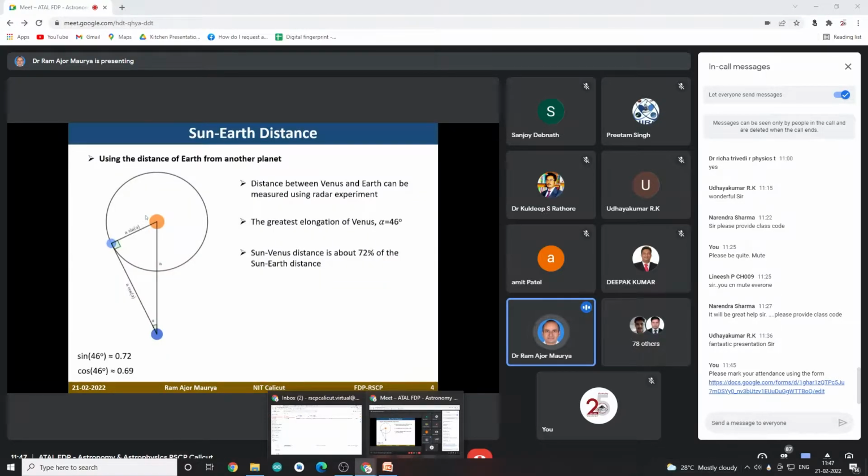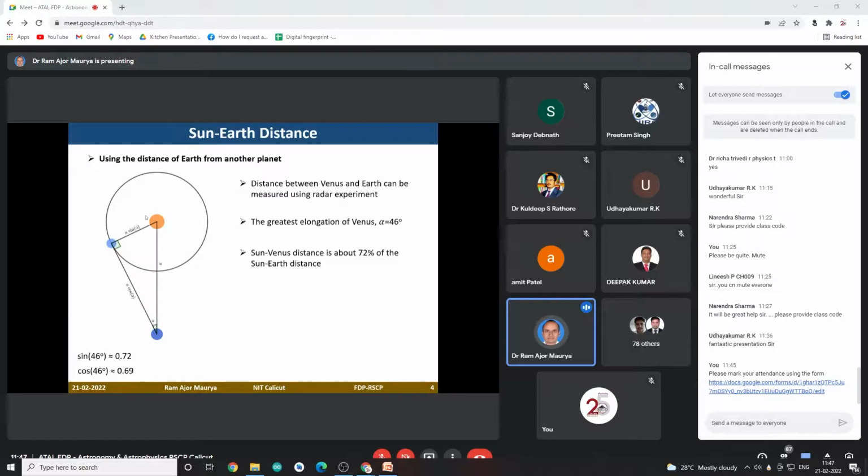If you want to find how far the Sun is from us, we can do some simple calculations by considering another inferior planet. For example, suppose here we have Venus, and this is the Sun, and here we are on the Earth.